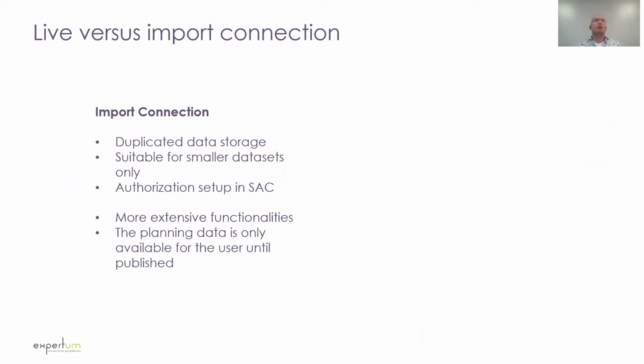If you load large data sets from your BW system to your cloud system, you can overload the cloud system. And authorization for SAC should be set up in SAC. So if you have a BW user, you cannot reuse that BW credentials and user and all the restrictions that come with that user in your SAC environment.